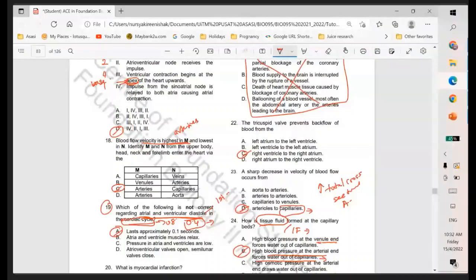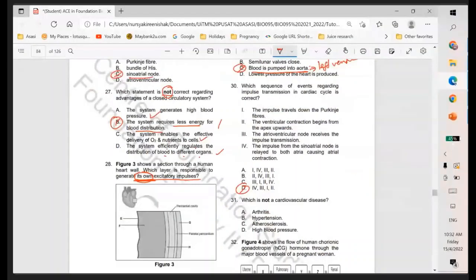Let us look at the sequence. The impulse from the SA node goes to both atria, causing the atria to contract. So the SA node goes to the wall of the atria, causing the atria to contract, and blood enters the ventricle. The second step is number 3, the atrioventricular node receives the impulse, but there will be a slight delay, to make sure all the blood in the atrium enters the ventricle.